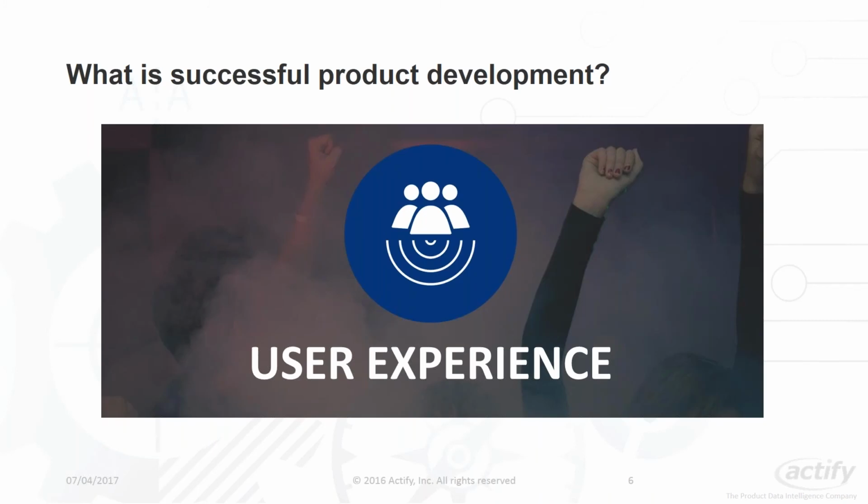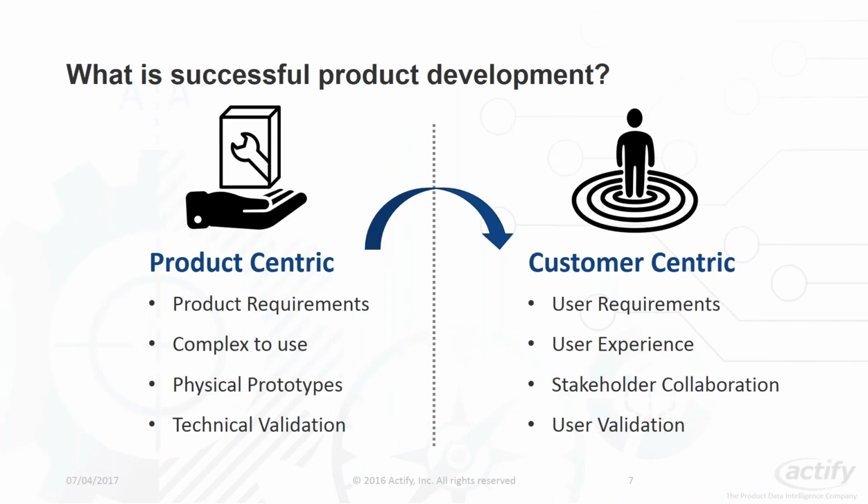The reality is that most companies are still focusing on the design development aspects with a product-centric approach. A product-centric approach is where engineering teams are given the set of requirements, and they deliver and produce the product to meet the request, but the product might be complex or it might only be available in predetermined configurations.